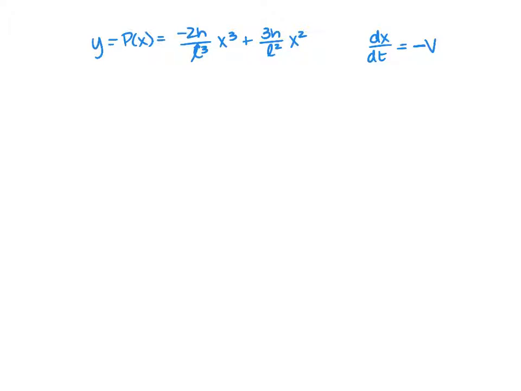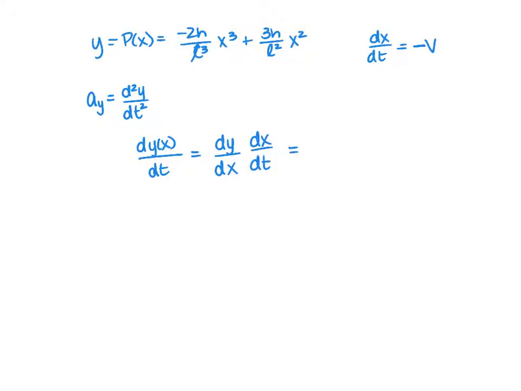When we do the acceleration, the acceleration is in the y direction and it's the second derivative of y with respect to time. But the problem is that this is y as a function of x. So when we take the derivative of y, which is a function of x, with respect to time, we have to use the chain rule, and we take the derivative of y with respect to x and then multiply it by dx/dt. And the dx/dt is just minus v. And then we're going to have to do that again. Take the second derivative again.